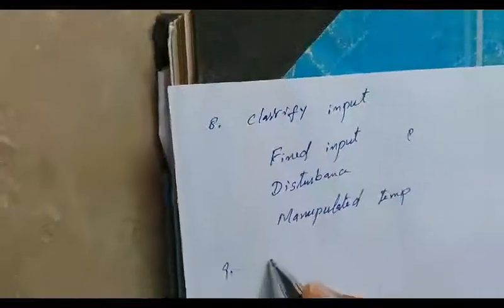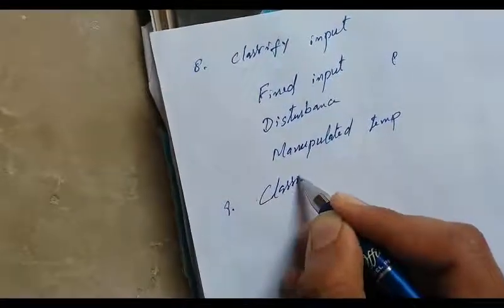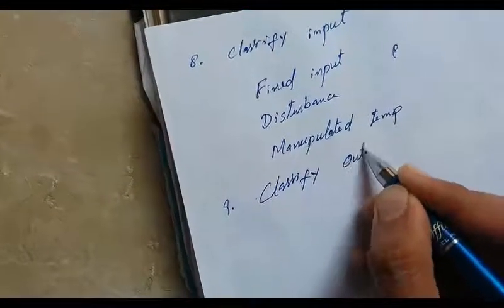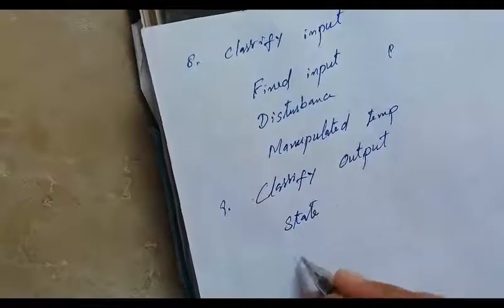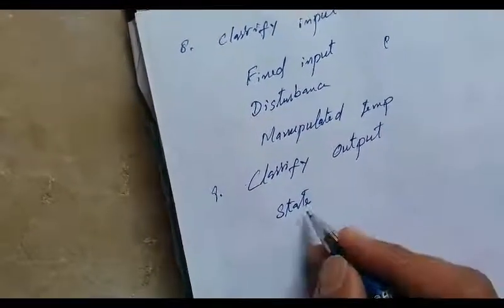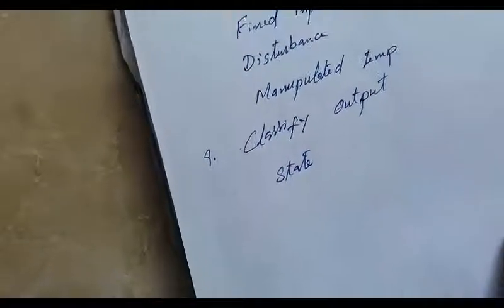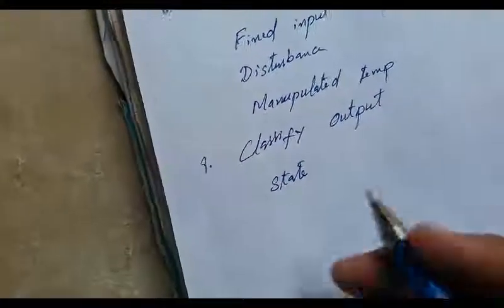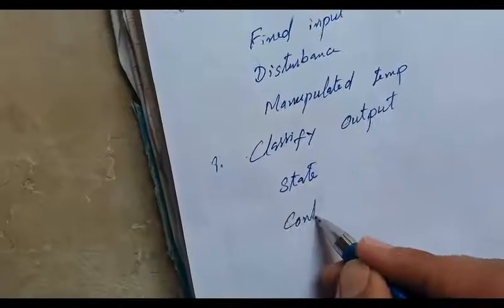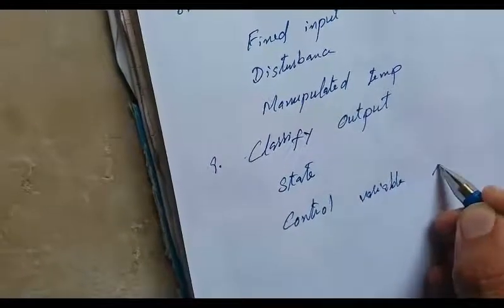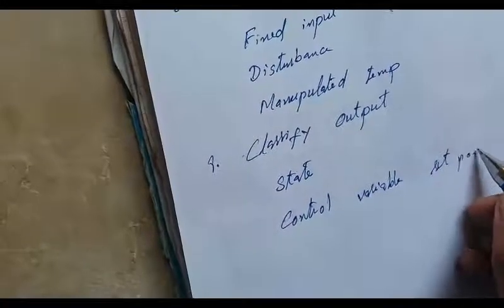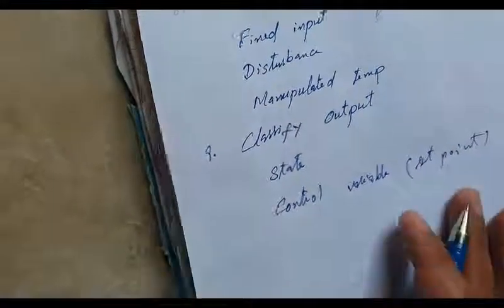The ninth step is to classify output. Output simply may be a state, which can be found from the equation when we solve it, or a control variable. A control variable basically is a set point.